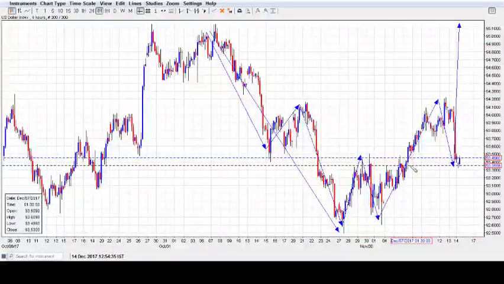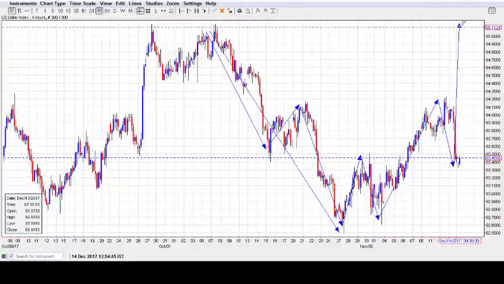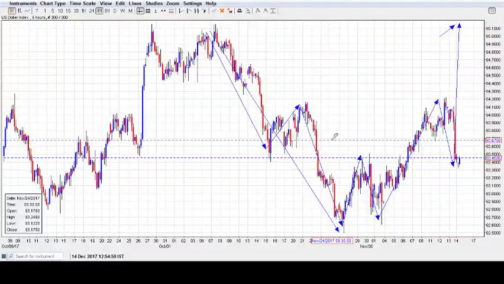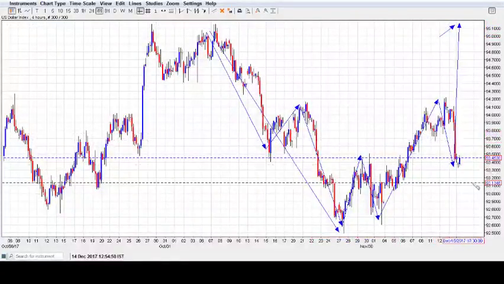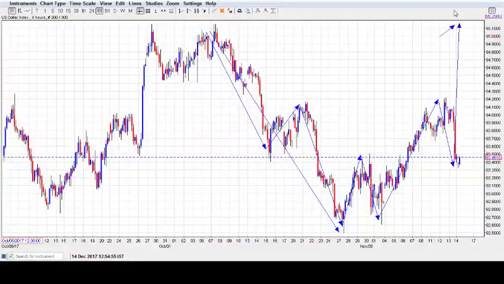It should be very fast, very quick, and most probably it would also be the longest one. So watch out for a quick, snap rally towards 95, 98.